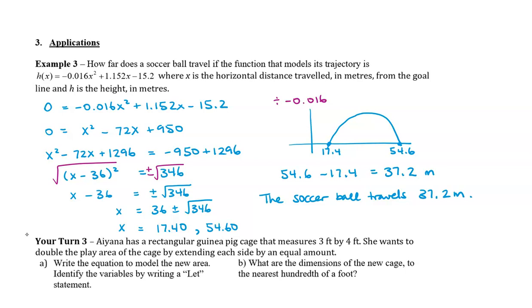So that's from 17.4 on the x-axis to 54.6 on the x-axis. Now, of course, in real life, we wouldn't plot it on the x-axis, but to model the problem mathematically, it makes it easier to put it on a grid. So you can see how quadratic functions and equations can be used in applications.